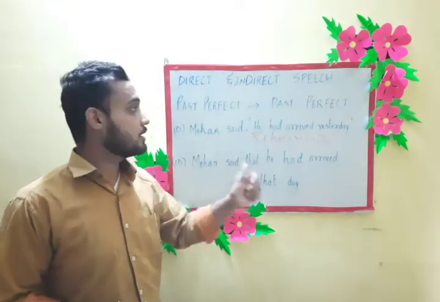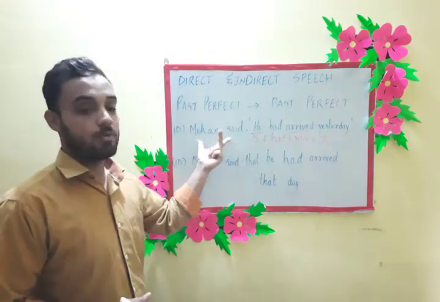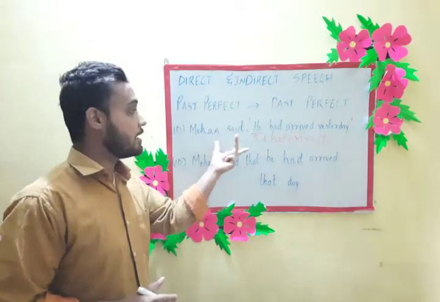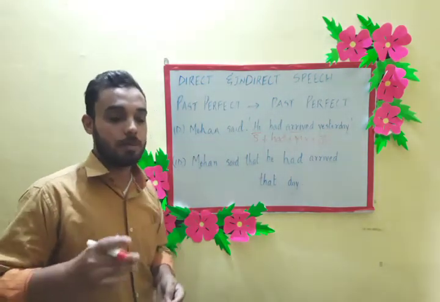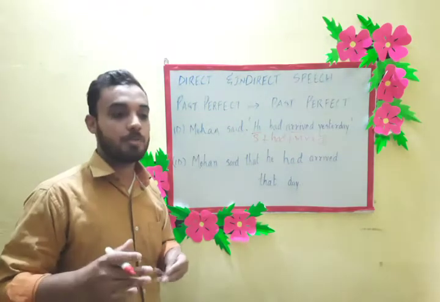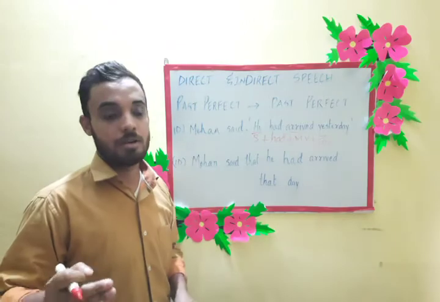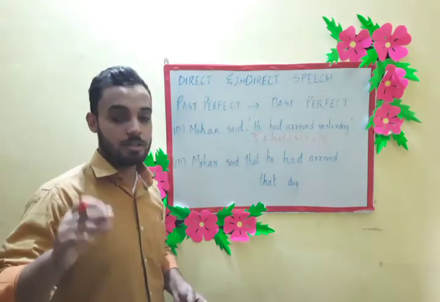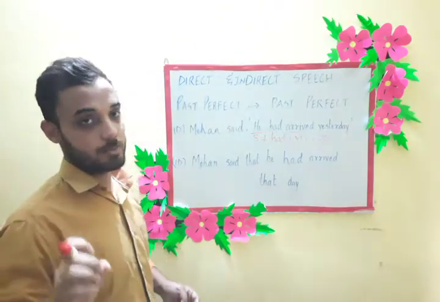But since we are studying direct and indirect speech, we will have "Mohan said." Who is Mohan? Mohan is the subject, and he is saying the direct speech. Earlier I made you understand what direct speech is: whatever the speaker says, the exact words of the speaker, is called direct speech.